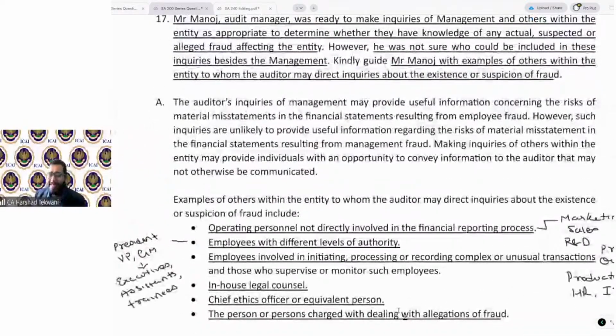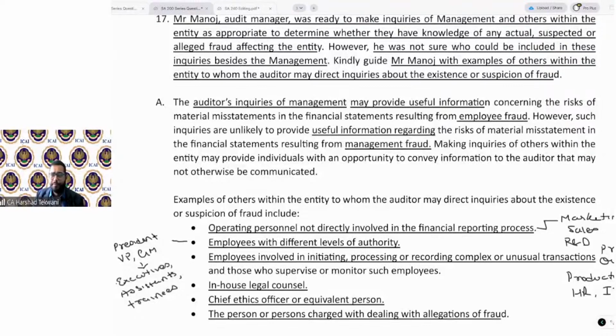So why is it necessary? Because if you inquire with the management, the auditor's inquiry of the management may provide useful information with respect to employee fraud. But if you inquire with the others, you will get useful information regarding management fraud. So that's why it's necessary to make inquiries with the others within the entity.